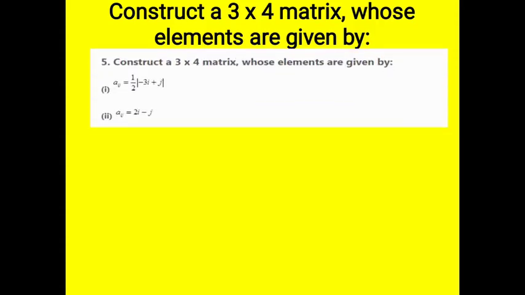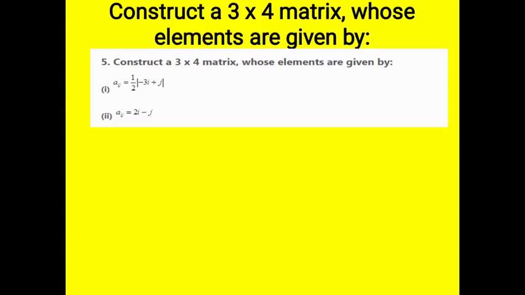So the question is: construct a 3 cross 4 matrix whose elements are given by aij equal to half of minus 3i plus j. Second question is aij equal to 2i minus j. So students, 3 cross 4. What is the meaning of 3 cross 4? Means 3 rows 4 columns. So you have to construct the matrix with the order 3 cross 4.